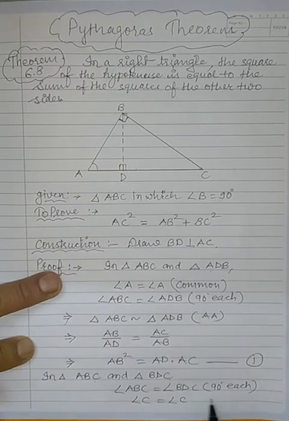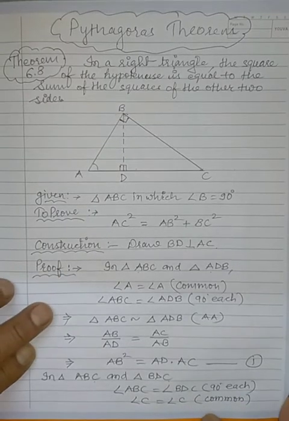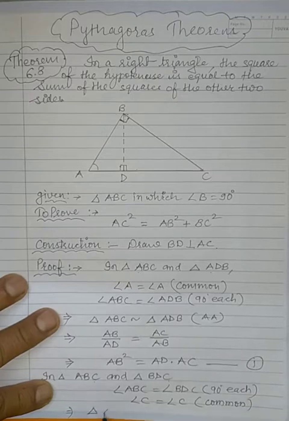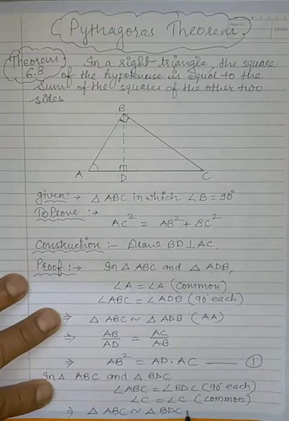Angle C is equal to angle C, common. This implies that triangle ABC similar to triangle BDC by angle criteria.